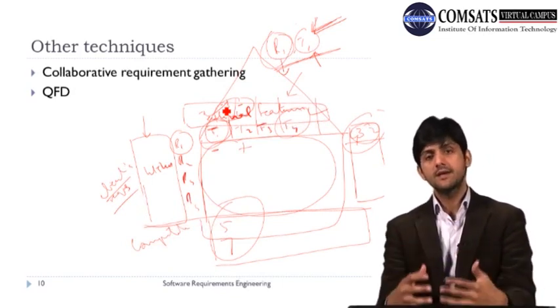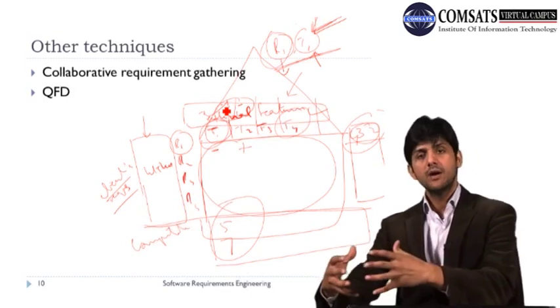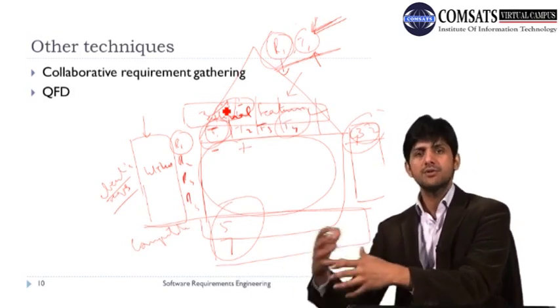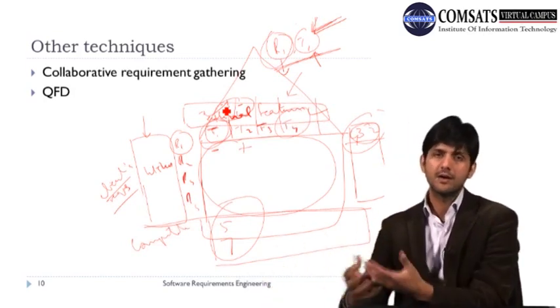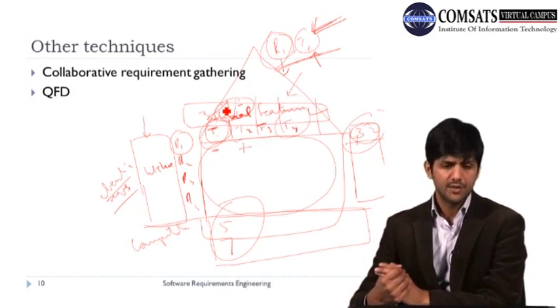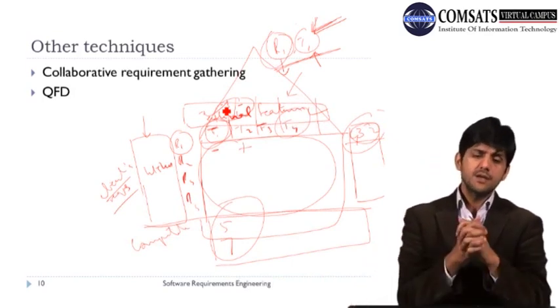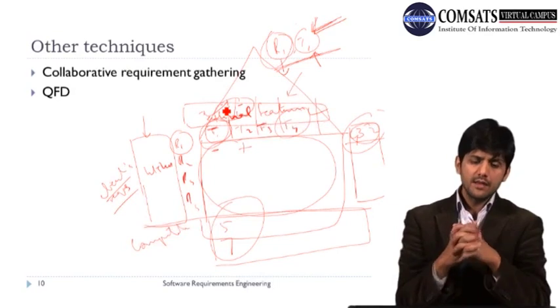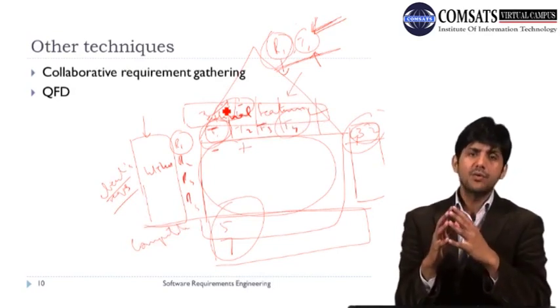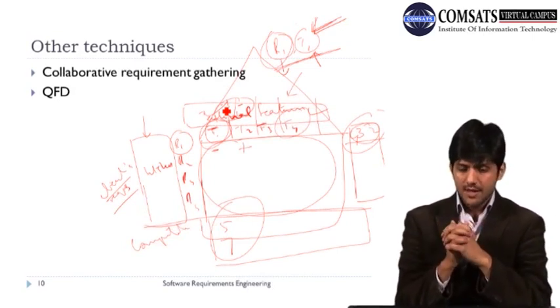So it can be taken as an input for further evaluation analysis, because you also prioritize your requirements based on this quality function deployment. So these are the different elicitation techniques, and I think that's more or less the techniques that we are going to discuss in this elicitation process.